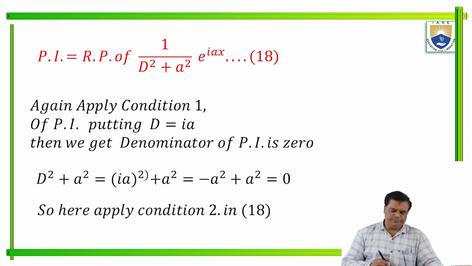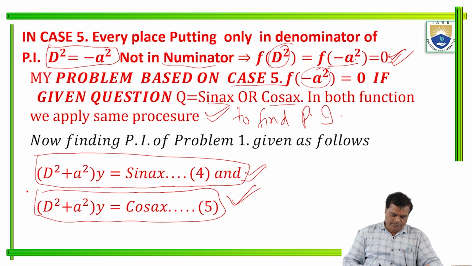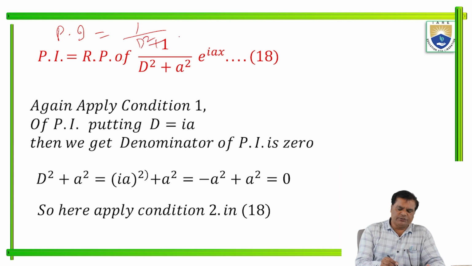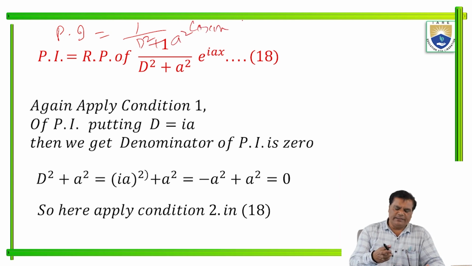So now PI is, first of all, I am writing here PI equals 1 upon D square plus A square into cos Ax.